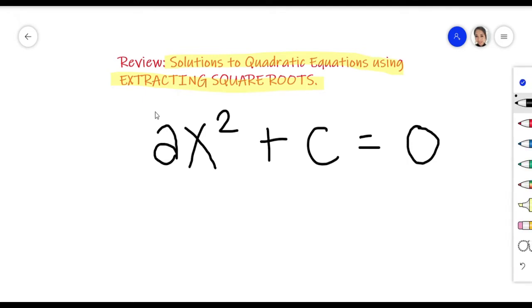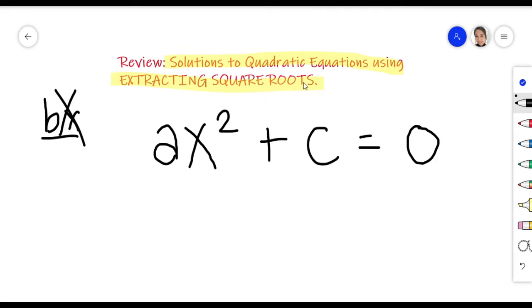Again, it is only applicable if the linear term, bx, is not around, because we could easily transfer the constant to the right side of our equation and then extract square roots on both sides, and then we can have directly the roots.